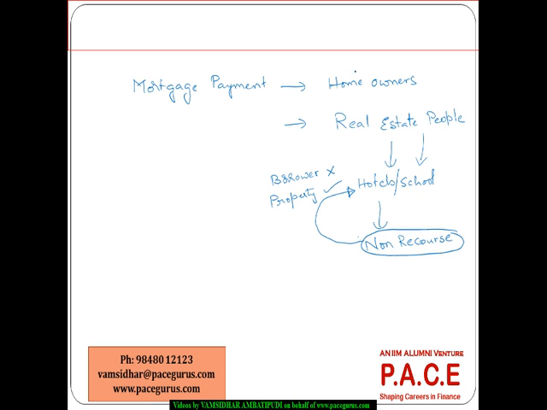Whereas in case of a typical residential MBS, the payments are done by the homeowners, and to a large extent they are modeled as recourse loans, recourse structures, which means the claim can be made even on the personal assets in case the value of the property falls lower than the amount that needs to be paid.